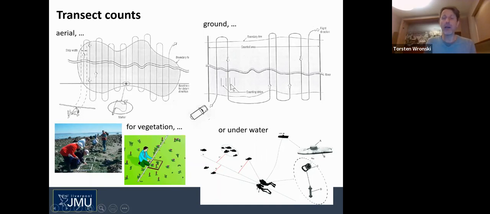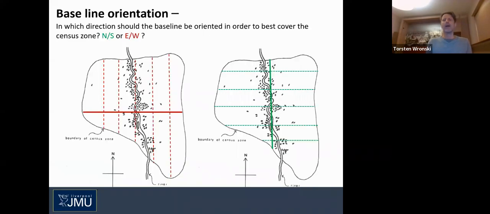The size of this counting strip varies. We will come to that in a minute. First of all, we need to think about the baseline and its orientation. The baseline will be established in order to establish transect lines at a right angle to the baseline.